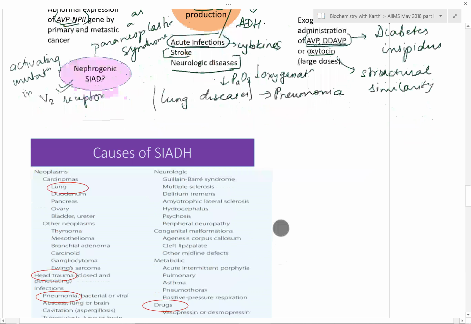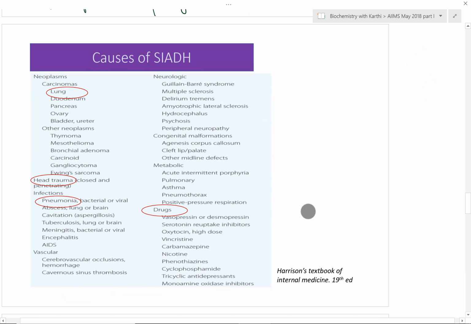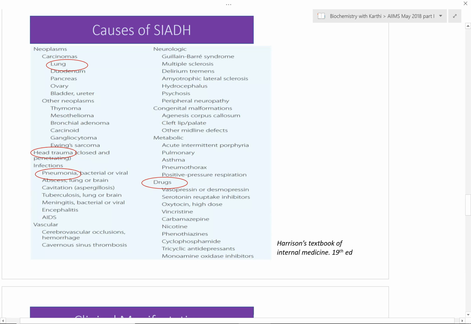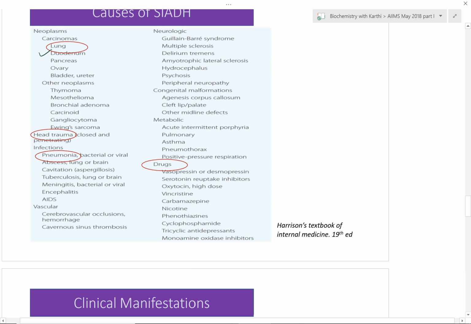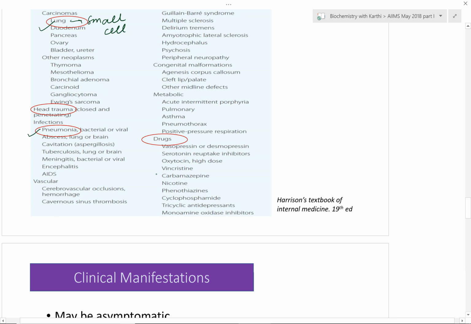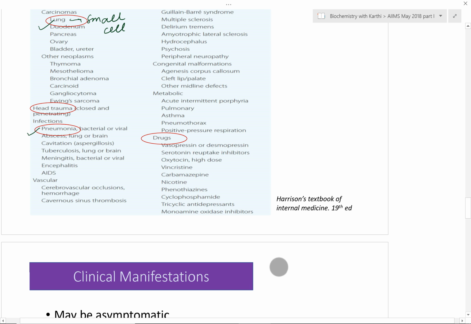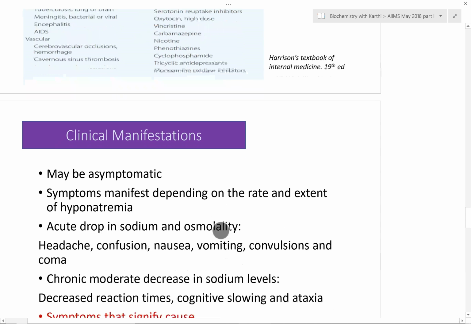Okay, so these are the common causes of SIADH as given in Harrison's. So you have carcinoma of the lungs, especially the small cell lung cancer. Then you have head trauma, infections such as pneumonia, and following the administration of several drugs which can stimulate the hypothalamus to release more ADH.